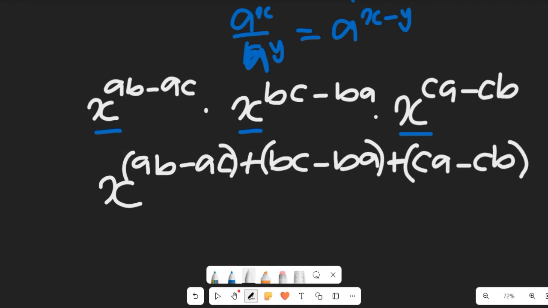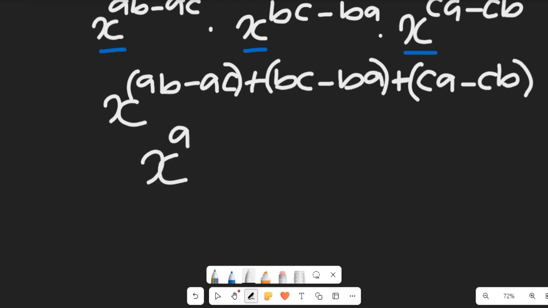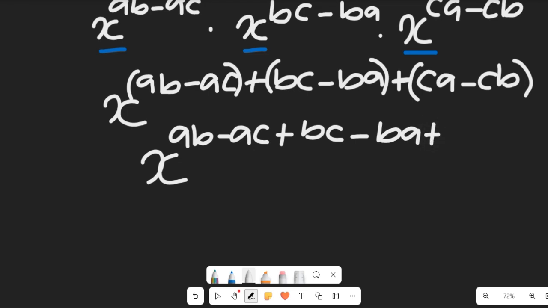Now we'll have to expand this because we have a negative sign there. This expression will give me x to the power of ab minus ac, plus times plus gives plus bc, plus times minus gives minus ba, plus times plus gives plus ca, and plus times minus gives minus cb.